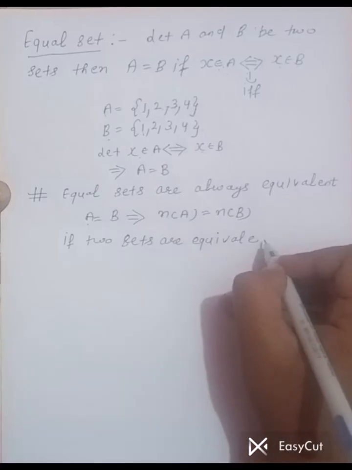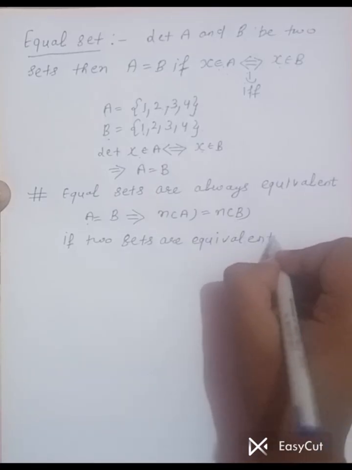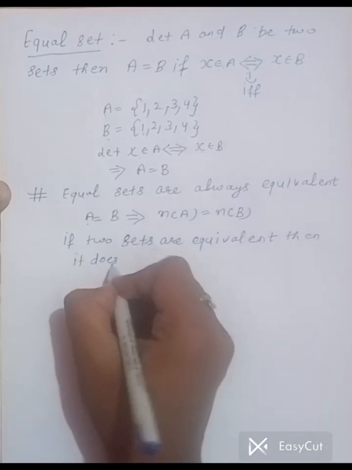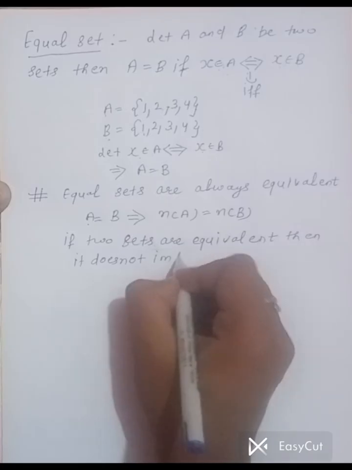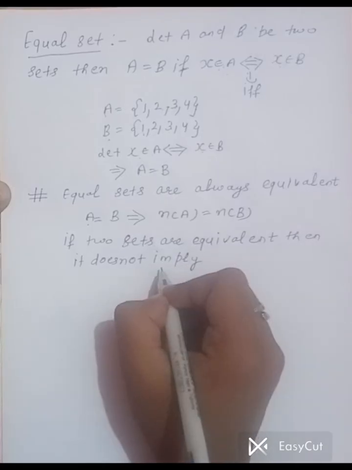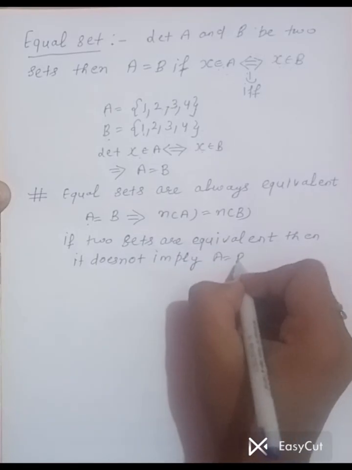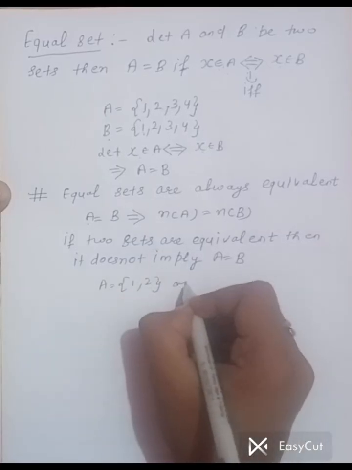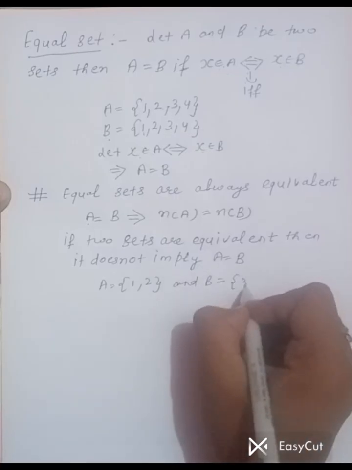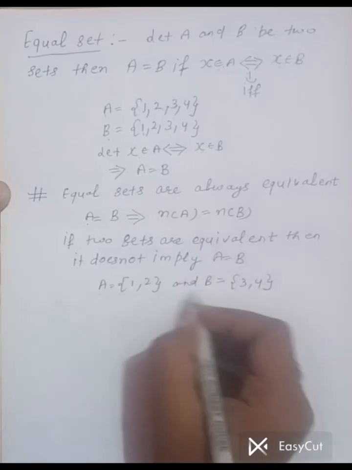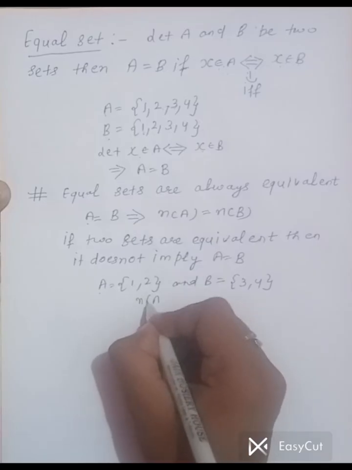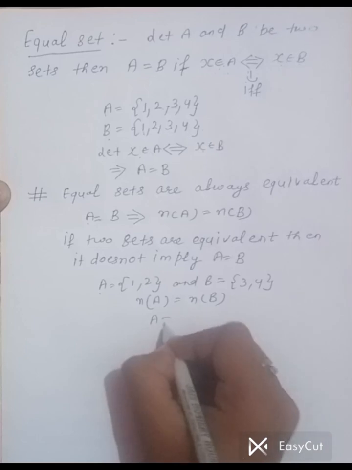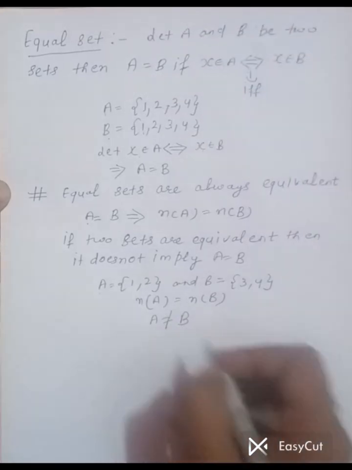Will they be equal or not? Then it doesn't imply A is equal to B. For example, A is equal to {1, 2} and B is equal to {3, 4}. Order of A is equal to order of B, but A is not equal to B. Got it?